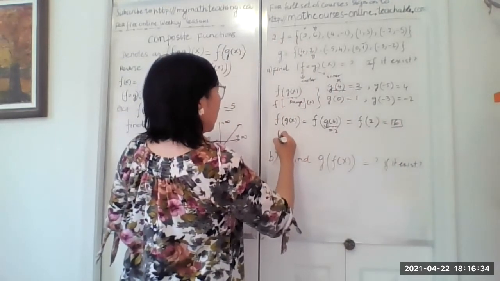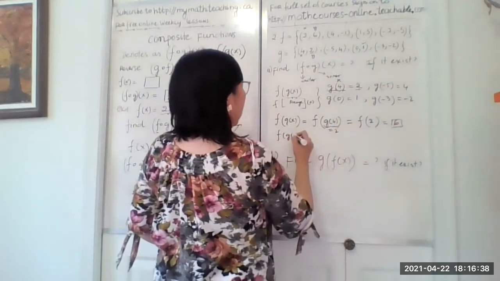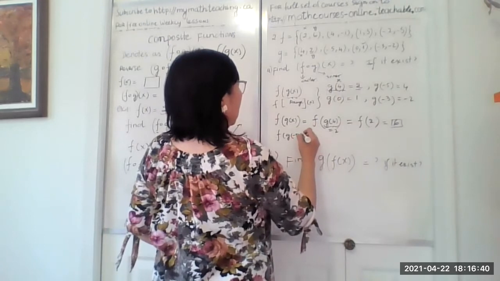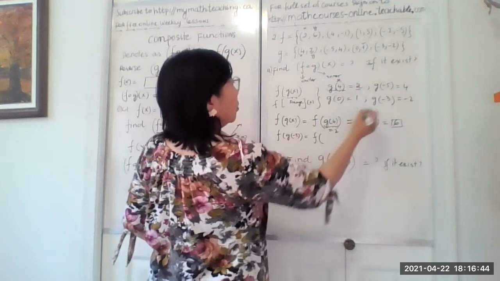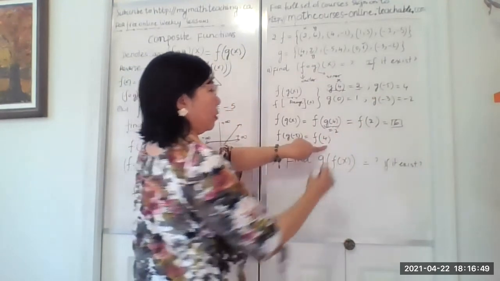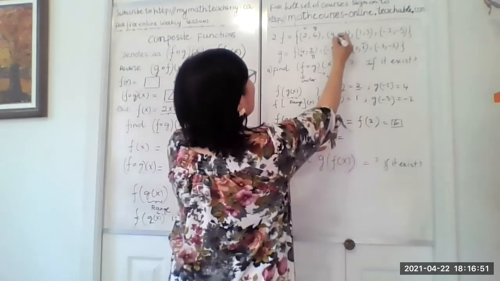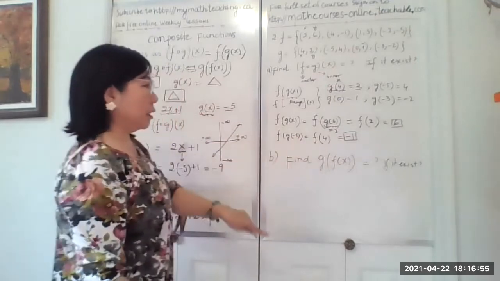Now let's do another one. f of g of -5. It means f of g of -5 is 4, so it means f of 4. So f of 4 equals -1. So that's the second answer, right?